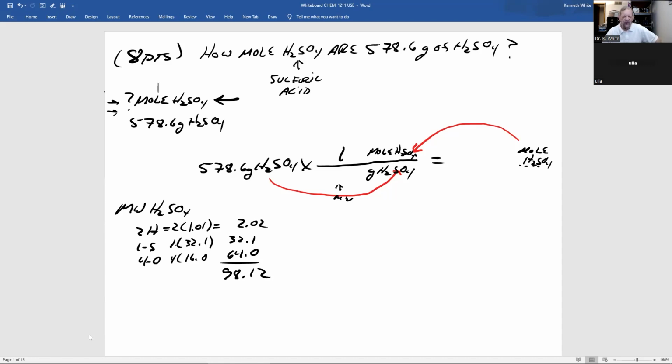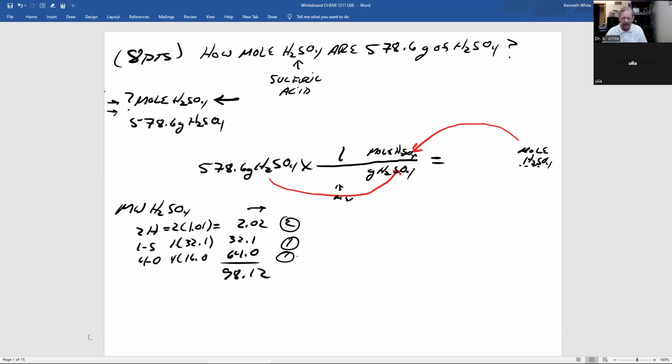Now, when you do an addition, you have the same number of significant figures to the right of the decimal as the number that has the fewest significant figures to the right of the decimal. And all numbers, 0 included, are significant to the right of the decimal. This has 2, this has 1, this has 1.